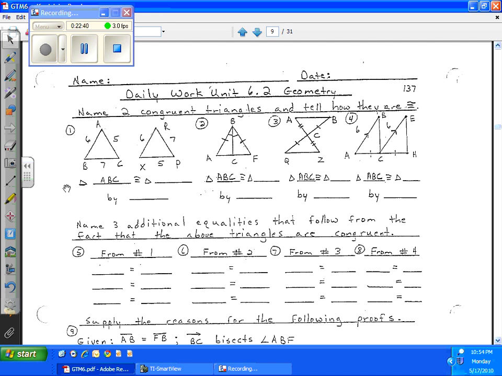Name 2 congruent triangles and tell how they are congruent. Well, the possibilities are side, side, side, side, angle, side, and angle, side, angle. That's all that we've learned up to this point.